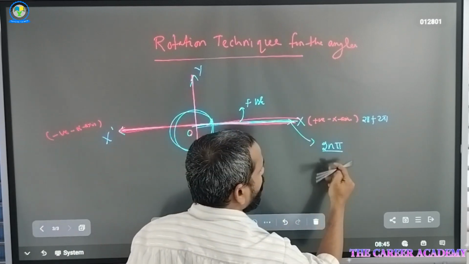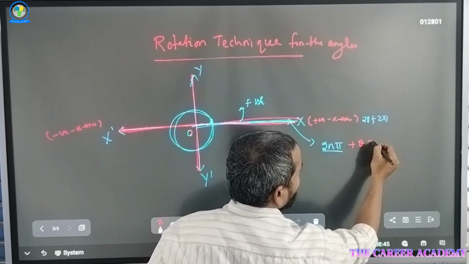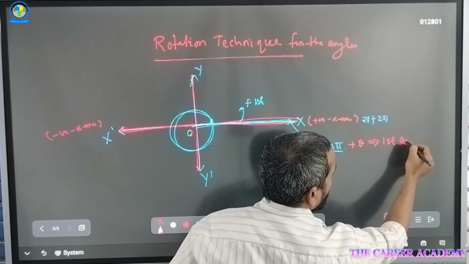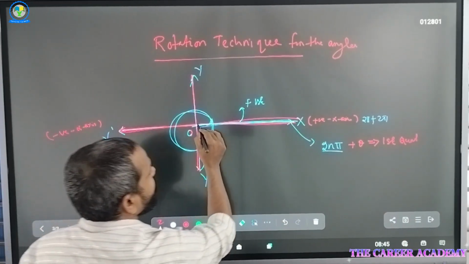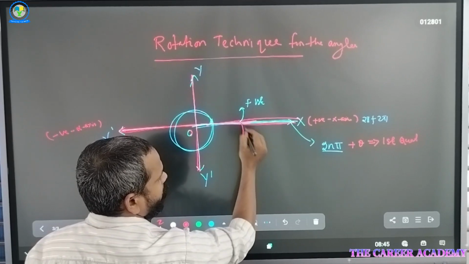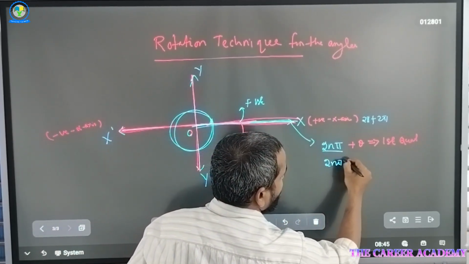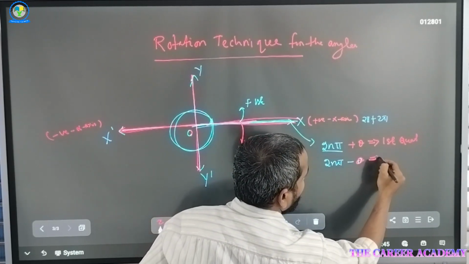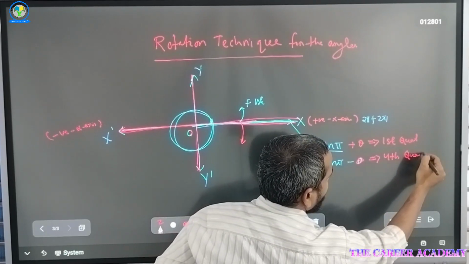That means whenever it is 2n pi plus theta, it belongs to the first quadrant. Clear, students? And when I am doing some subtraction, when it is 2n pi minus theta, it belongs to the fourth quadrant.